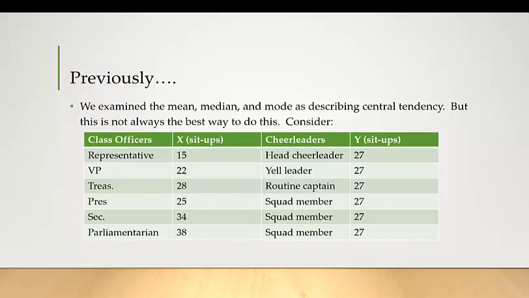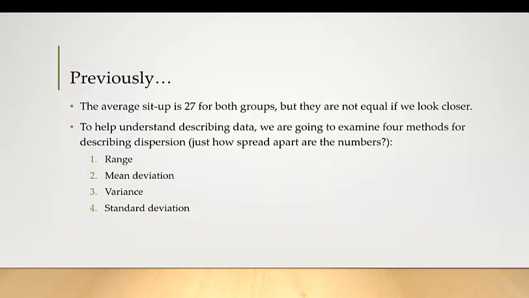So the class officers do a mean number of sit-ups of 27, and the cheerleaders, the mean number of sit-ups they can do is also 27. But when we look at these data, we can see that this is not exactly a good description of the number of sit-ups individuals can do.